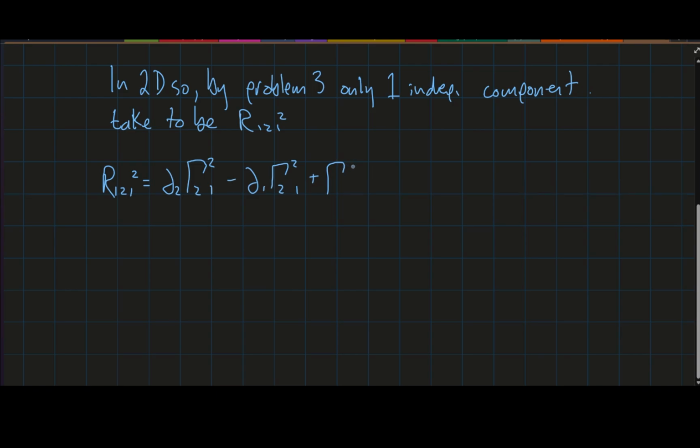So we have now an alpha here that's going to be a dummy index that's summed over because it's not specified: gamma 2 alpha 2, minus gamma alpha 2 1 gamma 2 alpha 1. So we can explicitly do the summing of the dummy indices and rewrite this. So let's go ahead and do that.